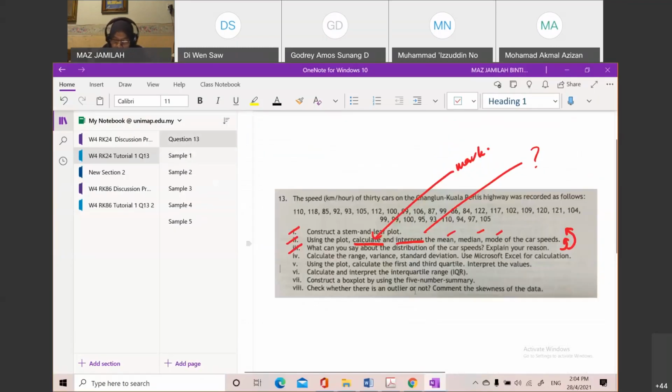This is the fifth question. Using the plot, calculate the first and third quartile and interpret the value. So what plot?